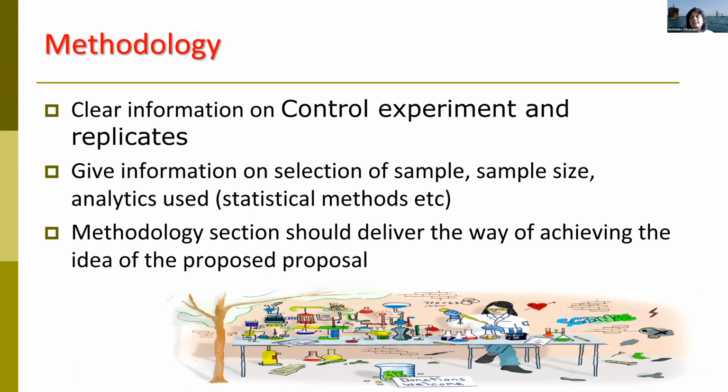And then you need to mention the replicates. Normally it is triplicates that we use, but if it is biological sciences, they usually go for more than 5 replicates. So keep that in mind. In physical sciences, it's more or less triplicates.